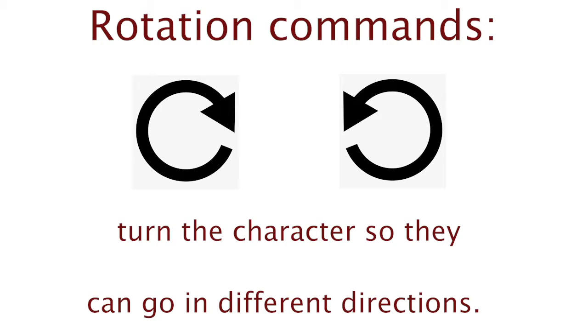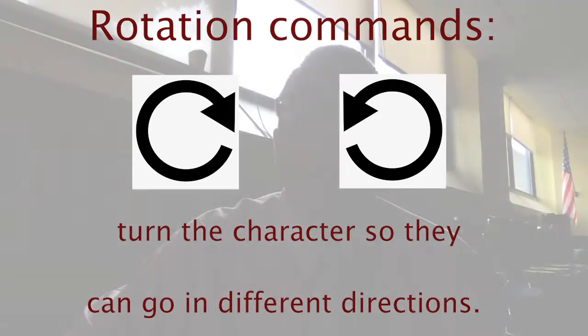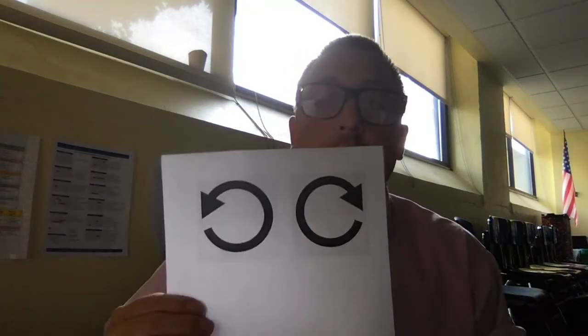Now, kids in 2 and 3 and even 4, if you saw my cup movie, or you participated in cups in class, you saw that we did have to turn. And turning means we need a second set of directions, and that's what this is.